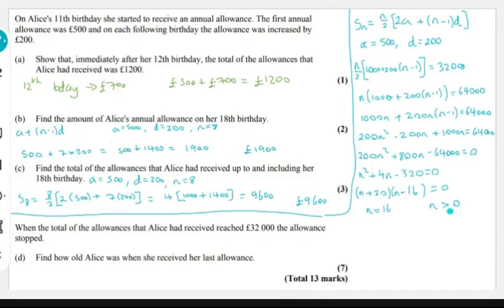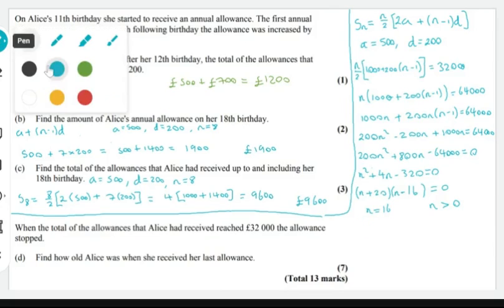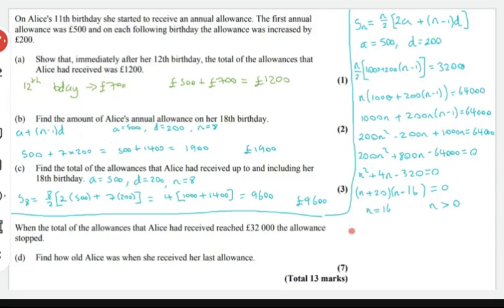Now we could rearrange that L formula. But that wouldn't actually give us how old she was. If we know n is 16, we just have to put it into this birthday thing.